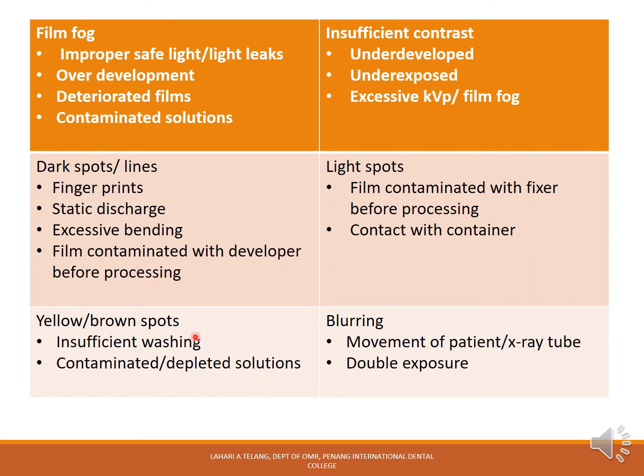Yellow or brown spots can be due to insufficient washing, which means insufficient fixing, or contaminated or depleted solutions. Light spots can be due to film contaminated with fixer before processing, or contact with the rims of the container. Finally, blurring could be due to patient movement or X-ray tube movement or due to double exposure.